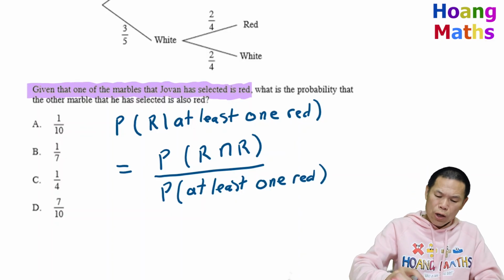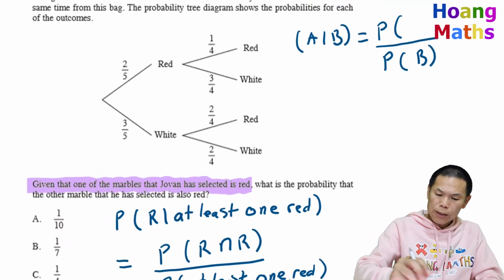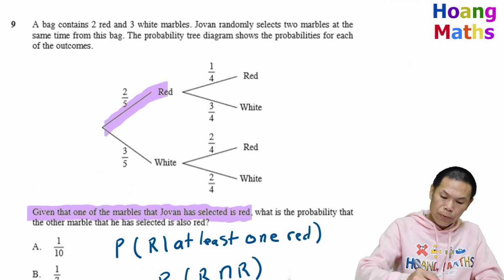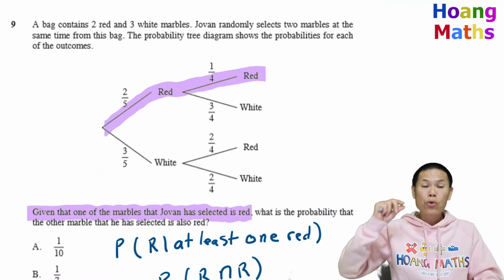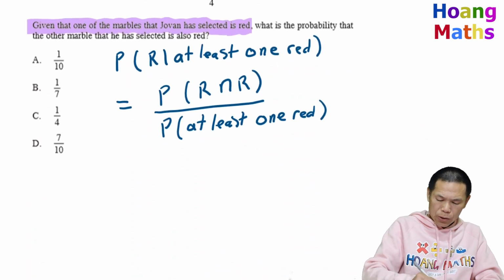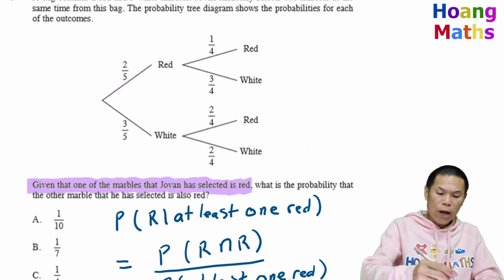So first of all, red and red, let me clear this first. It's this one here, red and red. So 2/5 times a quarter. So that is equal to 2/5 times 1/4 over at least one red.